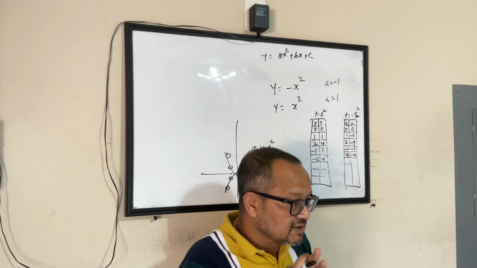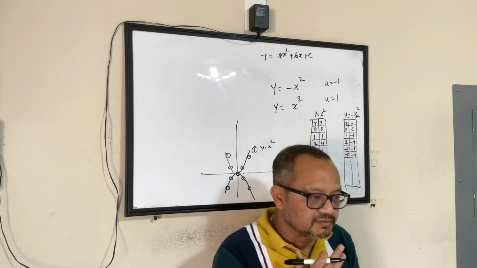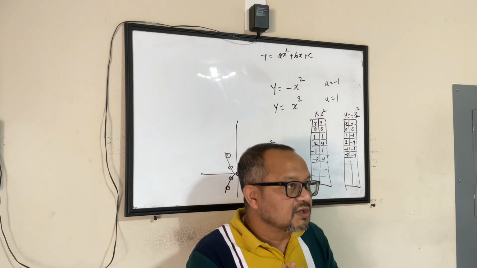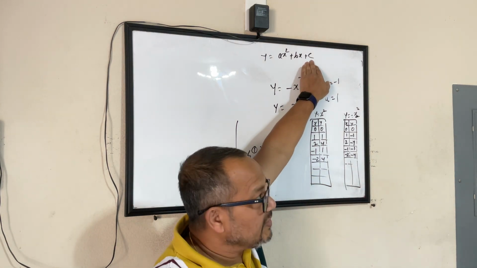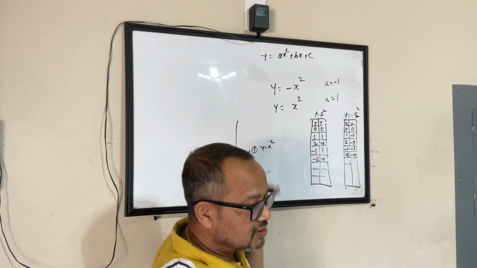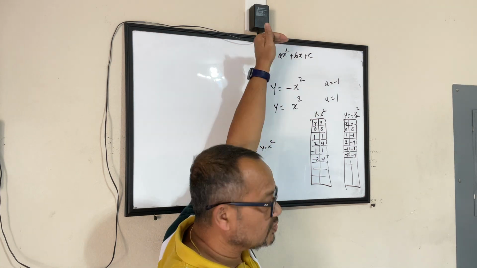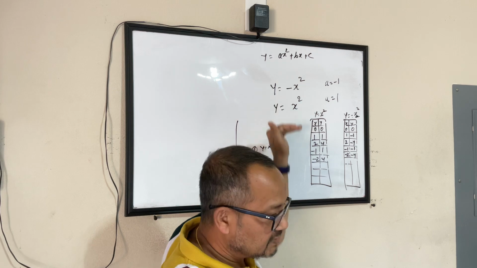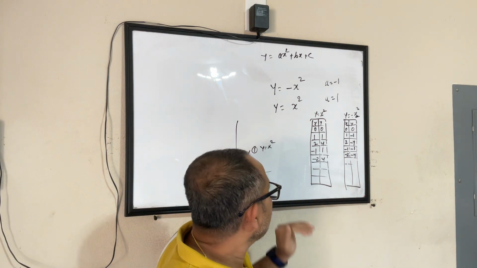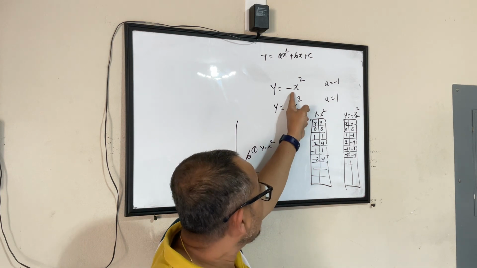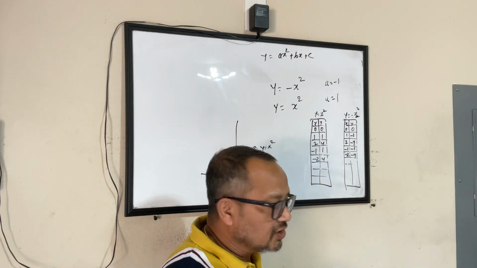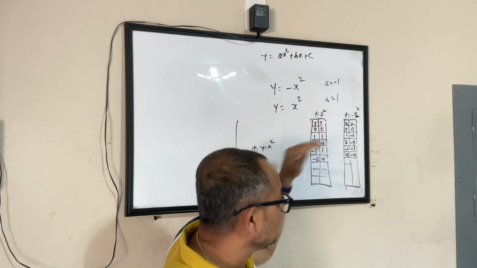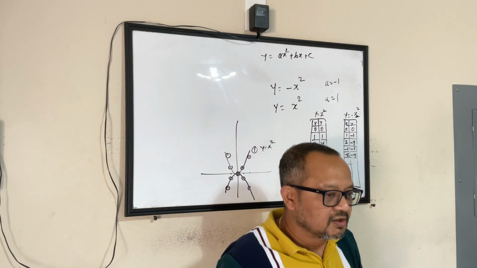So there are two interesting behaviors we observed. One was your C makes your parabola move up or down. If it's positive, it moves up. If it's negative, it moves down by that many points. If you have a negative coefficient, the parabola is facing downward. If you have a positive coefficient, the parabola is facing upward.